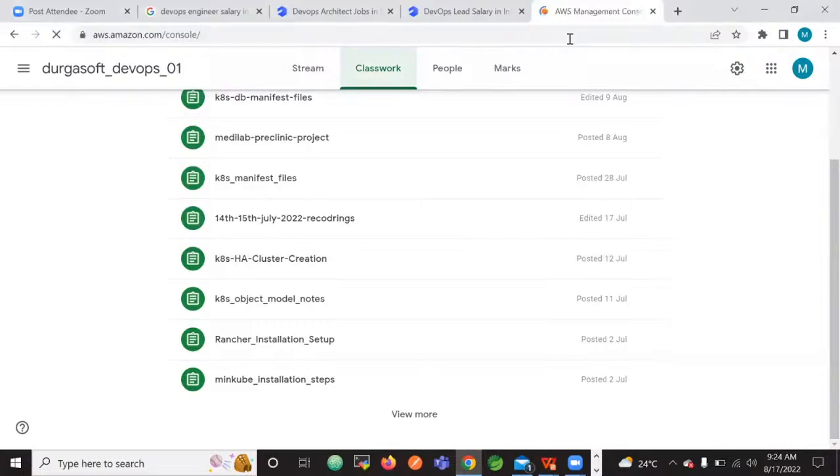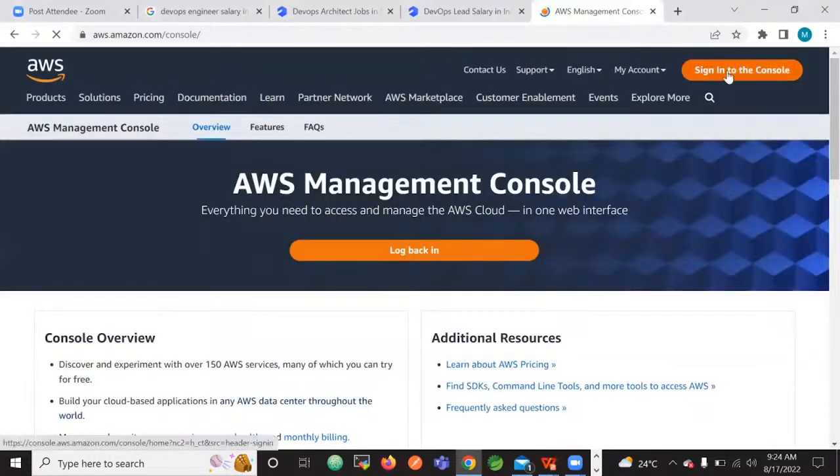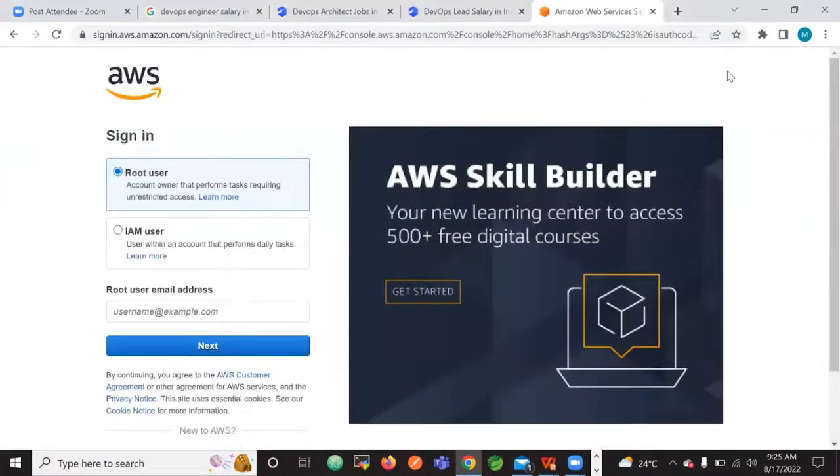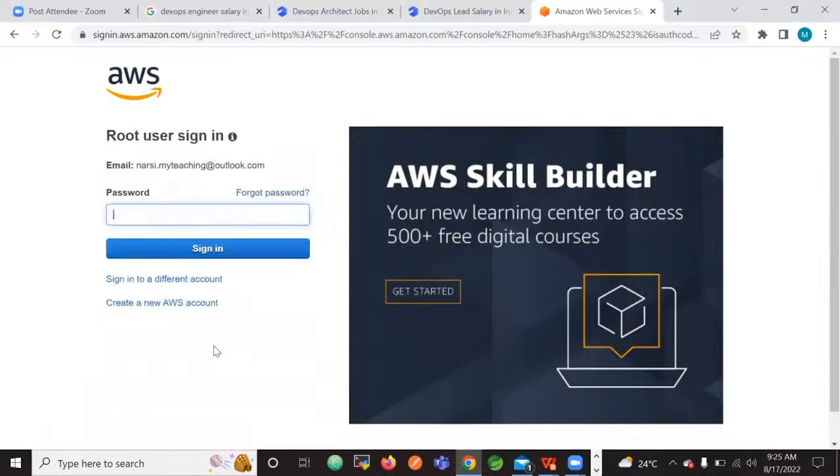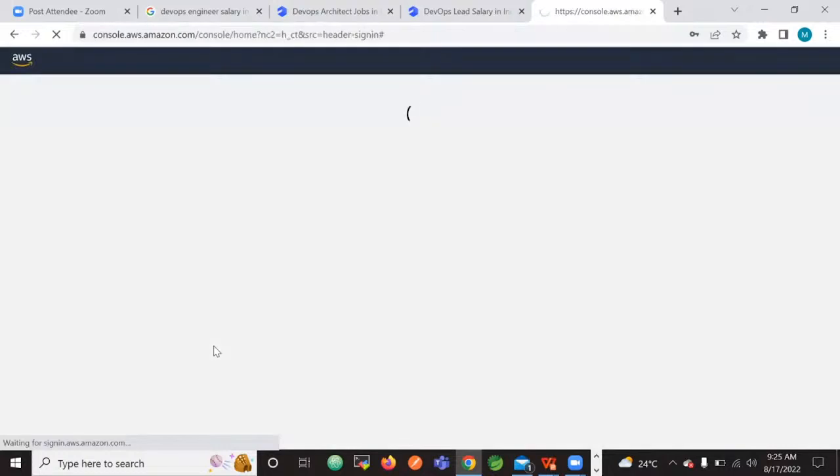That is the reason I will first start AWS, then I will start DevOps. Let me showcase, in overview, how many machines we will take.